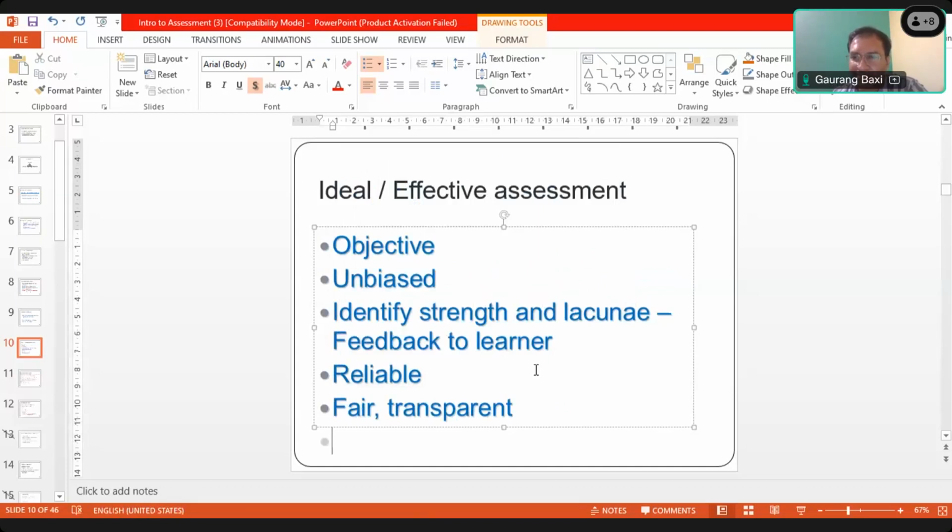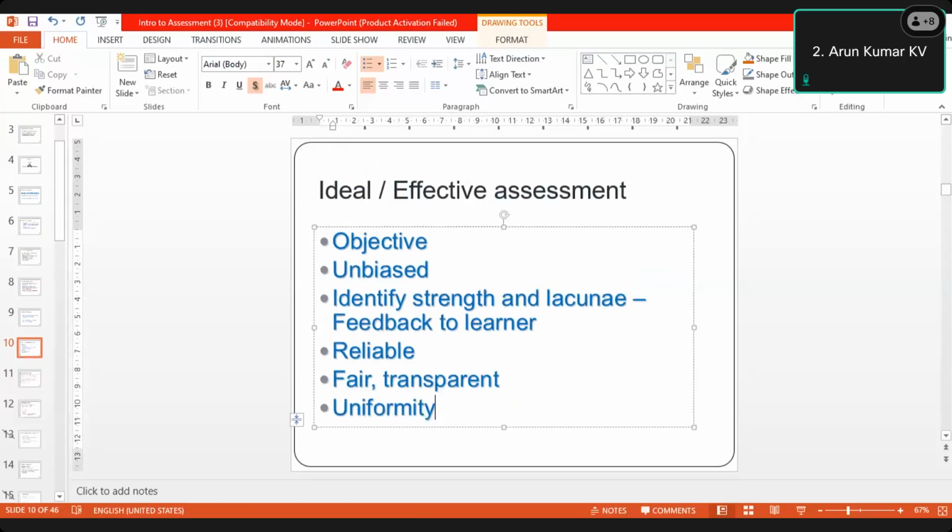That means it should be even to everyone. It should not be discriminatory among the students. So an interesting point. You said even to everyone. So there should be uniformity in assessment for all, without discrimination.